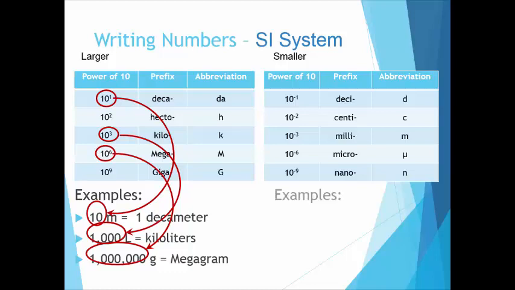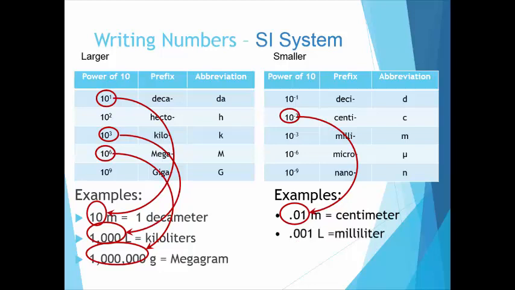Let's go smaller. Here we have 0.01 meters is the same as a centimeter. Where do we get that? There we go. It's 10 to the negative 2. 0.001 liters, same as a milliliter.